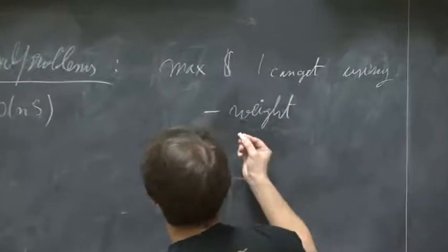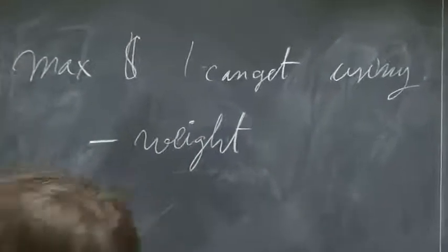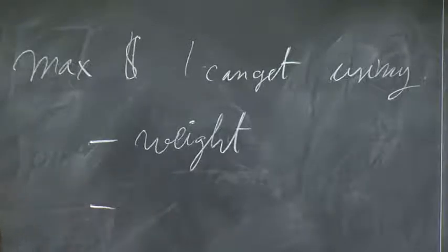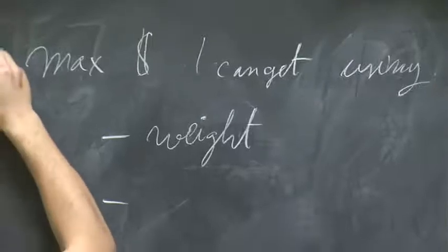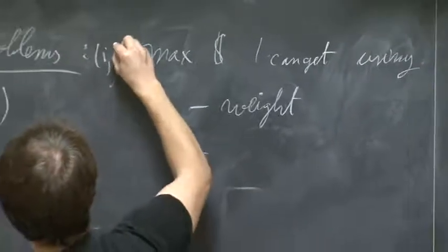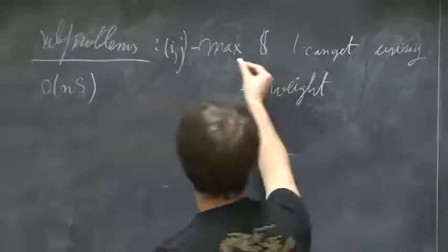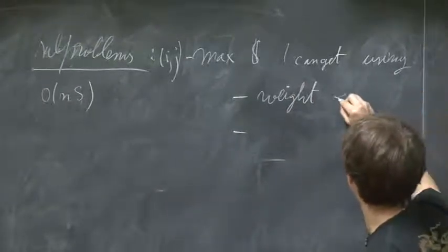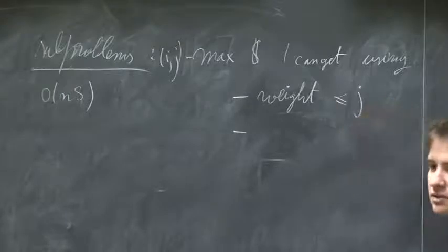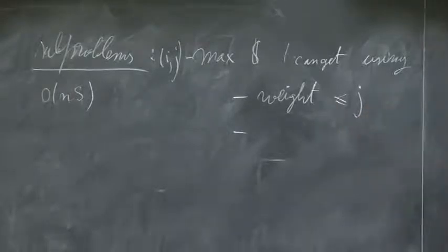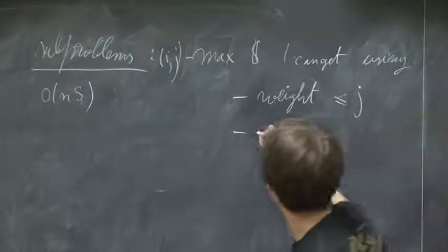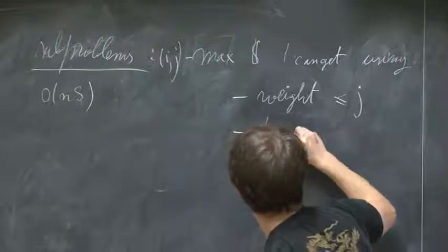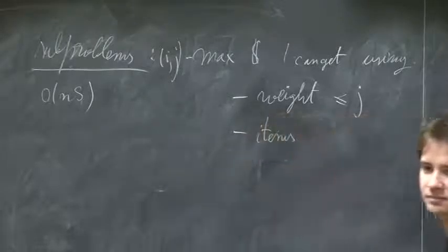If I label the nodes using indices ij, I'm also going to label the subproblems using ij. So subproblem ij is what's the maximum amount of money I can get by using a weight of at most j, and you said something about items, so we have to figure out which items. Which items?